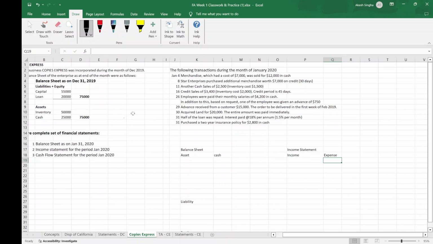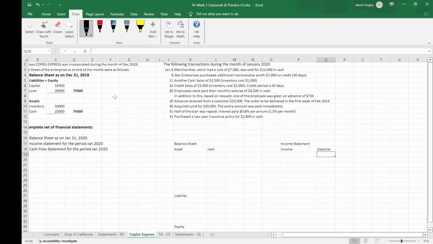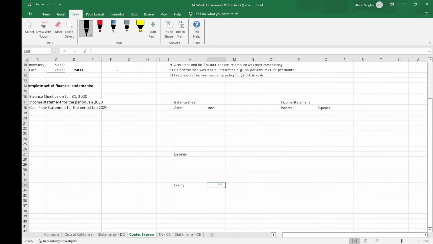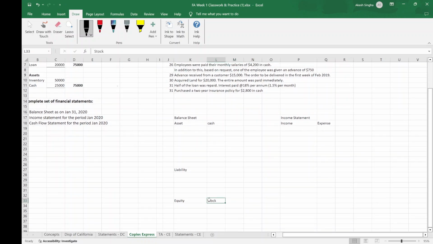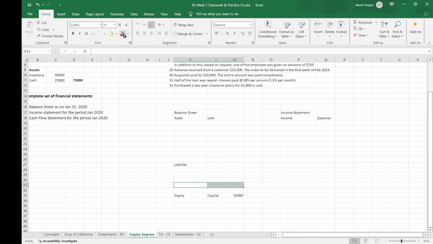So after the first year's balance sheet, total capital was 55,000 of capital, so it was in equity, stock capital, I think so. So 55,000 of that. Here should be the total liability.